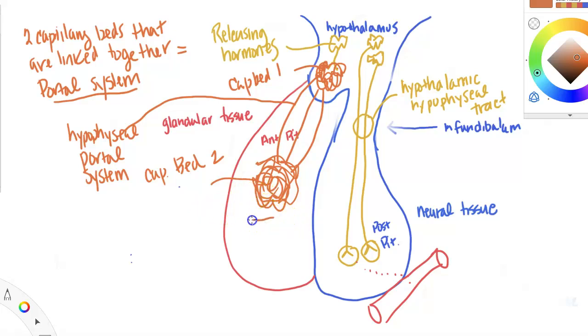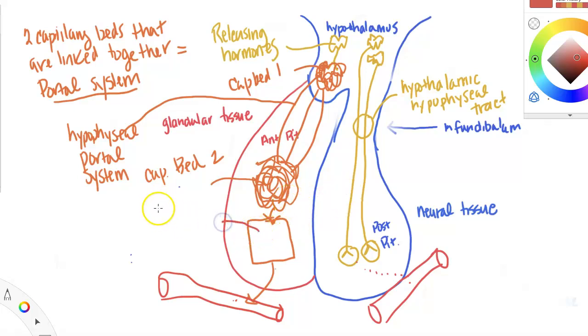And these cells then secrete their hormones into the blood. Crazy blood vessels. These are, again, called stimulating hormones.